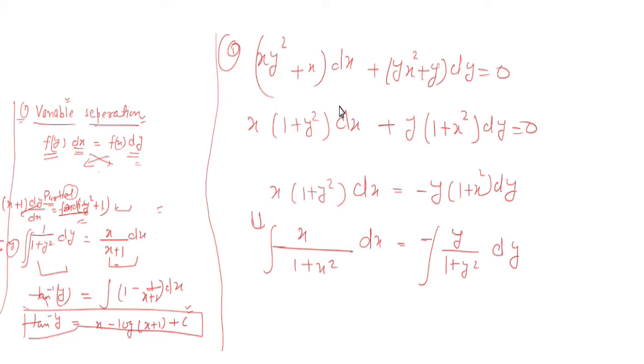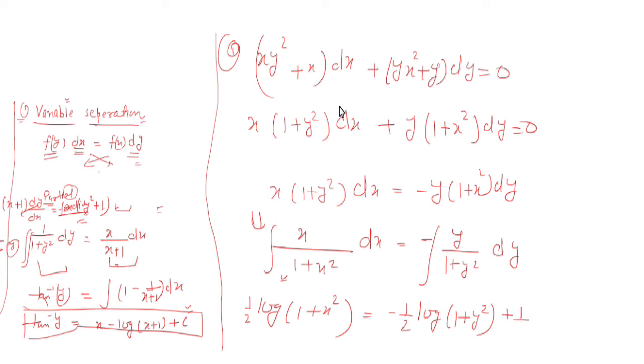Now the integration of this type of function you have done in 12th, so for this integration you will get 1 by 2 log of 1 plus x square, equal to minus 1 by 2 log 1 plus y square, the function is the same, and again you have to add a constant.